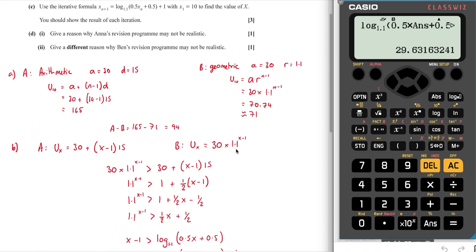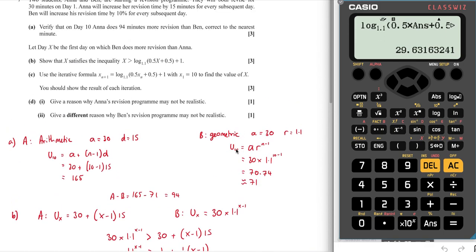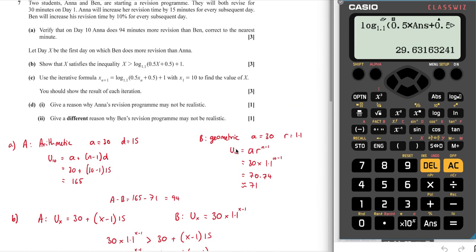All right, let's go back and read this question. Give a reason why Anna's revision program may not be realistic. What was Anna's? Anna will increase her revision time by 15 minutes for every subsequent day. Let's talk about the fact, just having read ahead to the next question as well.